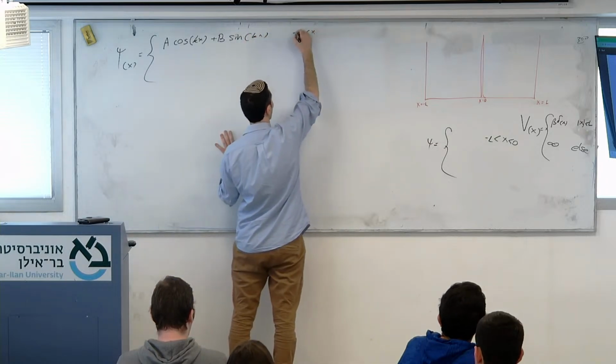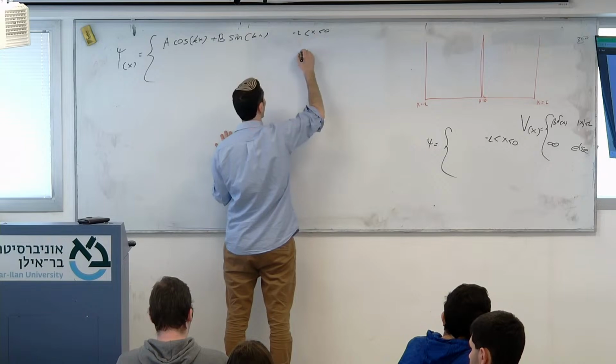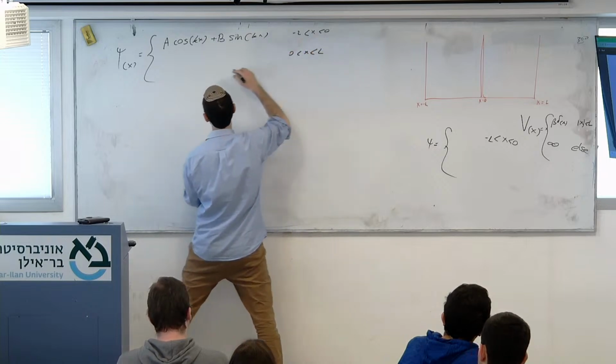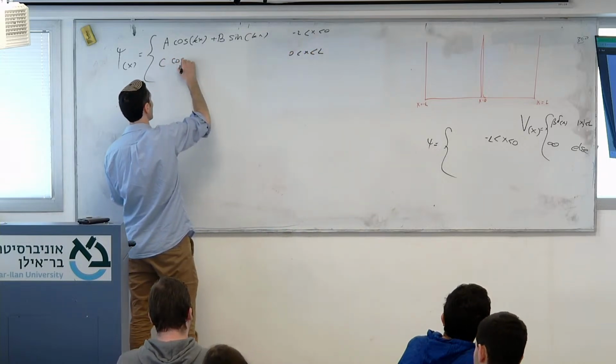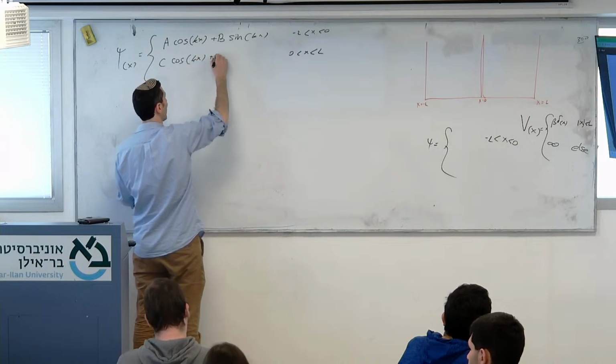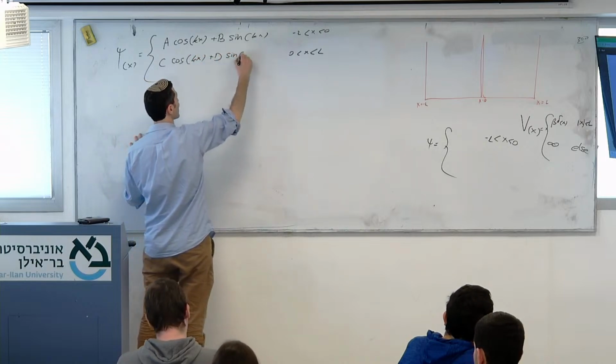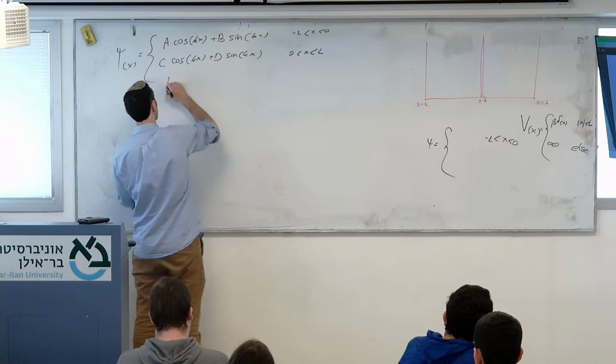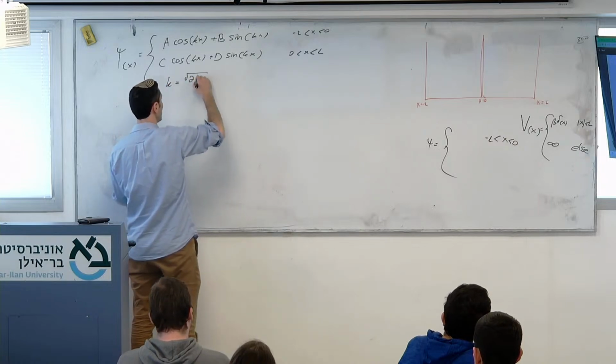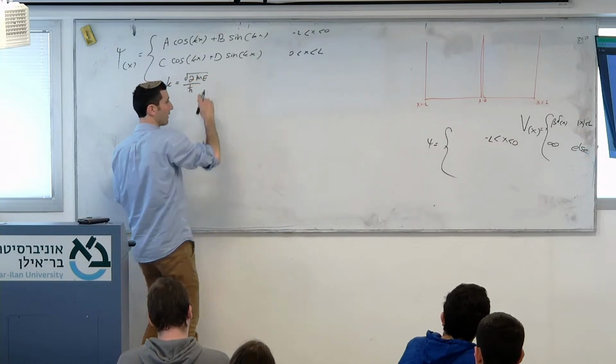However, when x is between 0 and L, it's going to be c cosine kx plus d sine kx, where of course k is the square root of 2mE over h bar.